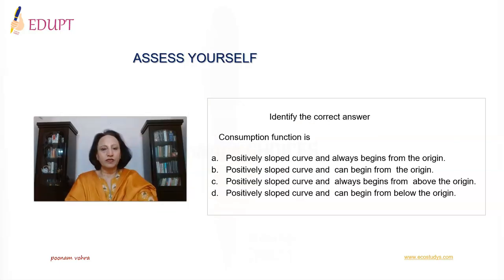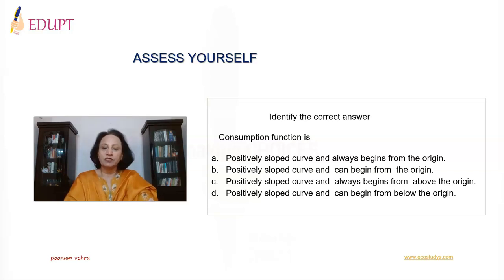Now look at this question and identify the correct option out of the 4 options as given for a statement. Consumption function is option A, positively sloped curve and always begins from the origin. B, positively sloped curve and can begin from the origin.